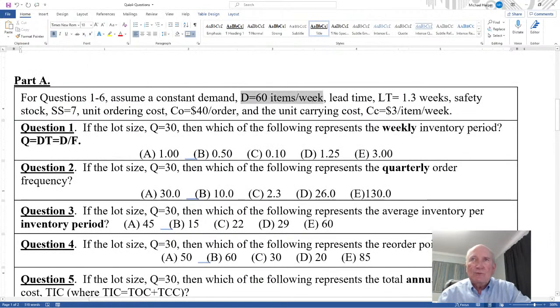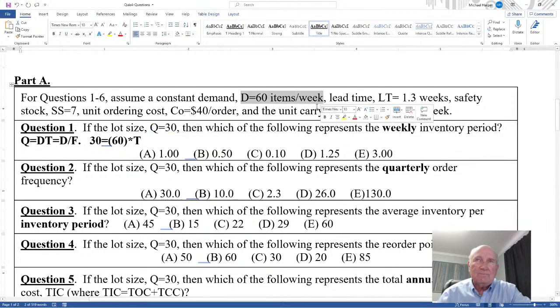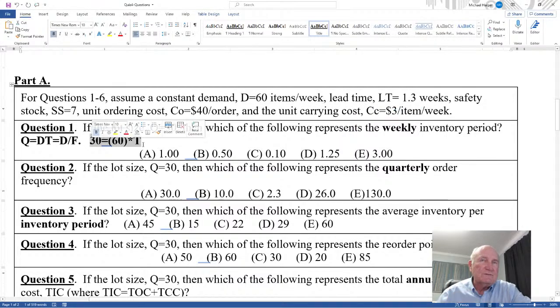Now the demand is in weeks. Okay, so we have 30 here equals the demand is 60 times T. So the idea here is that the demand is in weeks, and the inventory period is in weeks. And so we can use 60 there. This 60 can be used and just solve that equation for T.